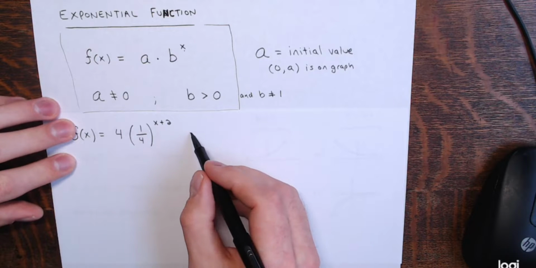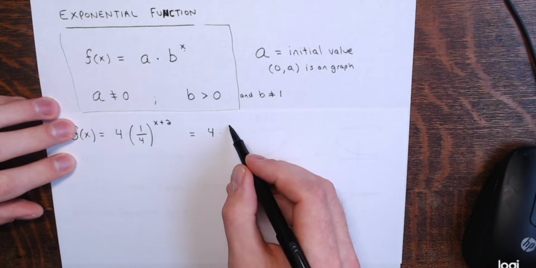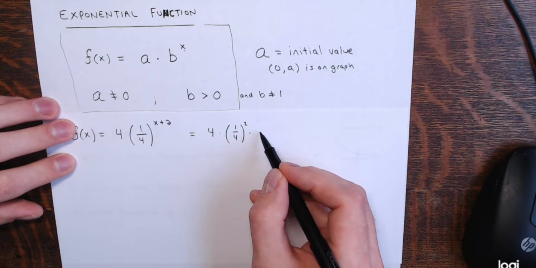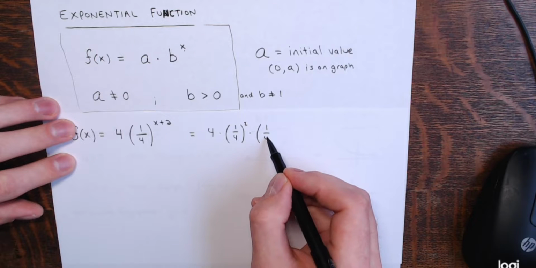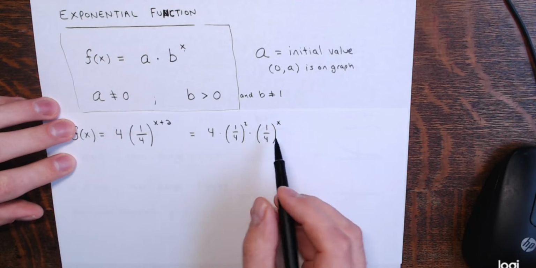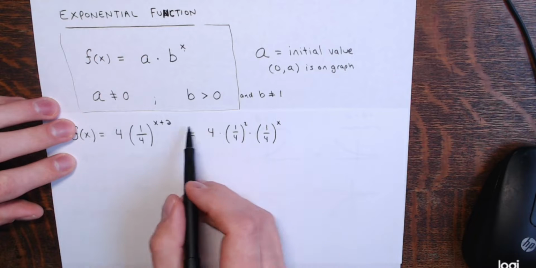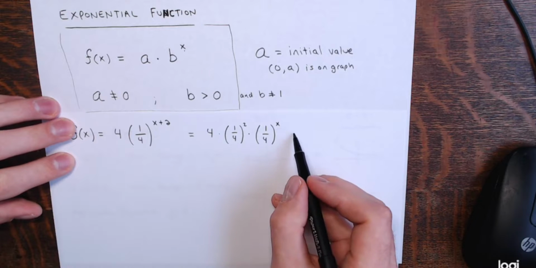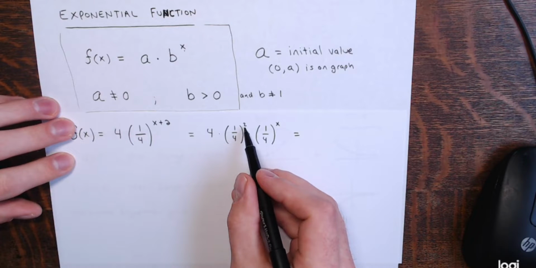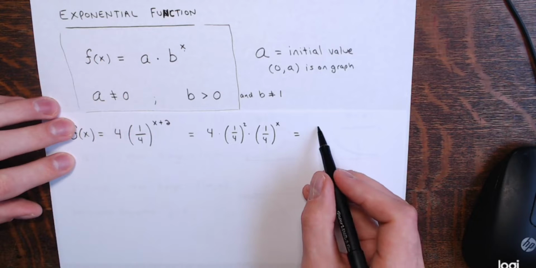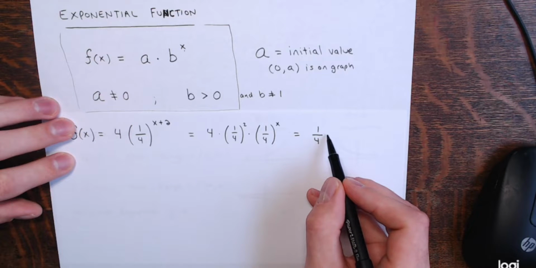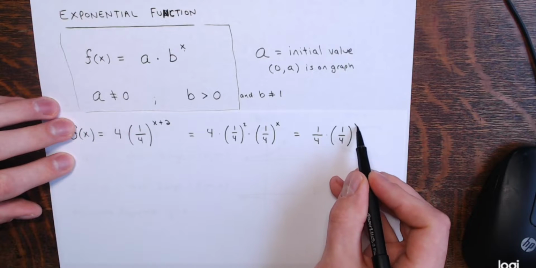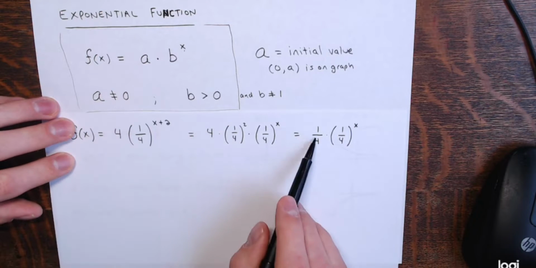If I write this as 4 times 1/4 to the second times 1/4 to the x, because when you multiply things with the same base, you add the powers. So the power would be x plus 2. And 1/4 squared is 1/16, but times 4 would be 1/4 again. So you'd have 1/4 times 1/4 to the x. There's your a is 1/4, b is 1/4, and to the x power.